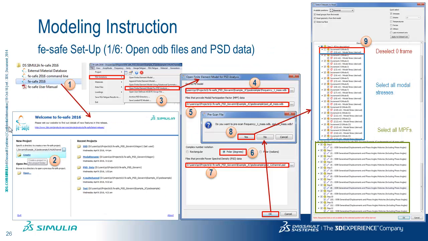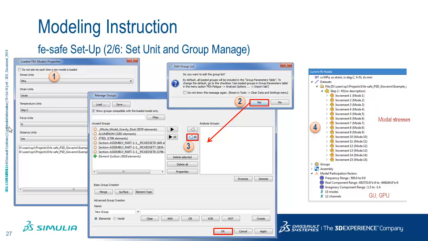And then on the FE-Safe side, you can just follow those button clicking to open the ODB and the PSD data. And you can set up some unit system, or you can specify the group definitions. And then after you read in, these are the stress data sets read in from the frequency analysis step, and these are the generalized displacements you read in from the steady state dynamic analysis.